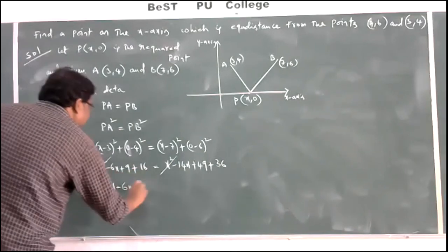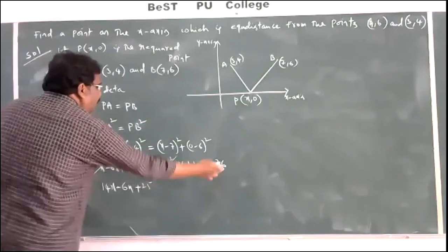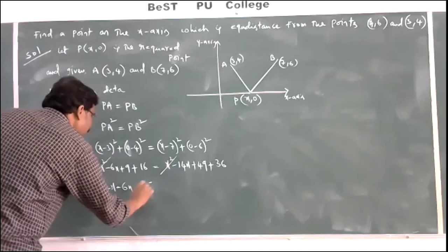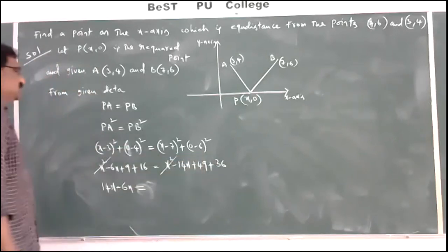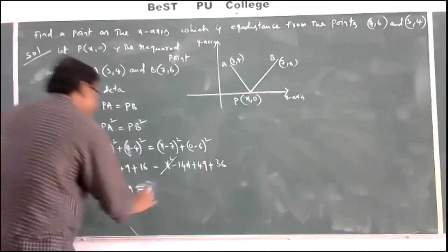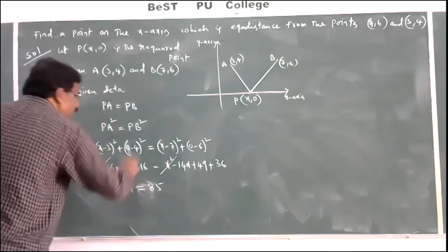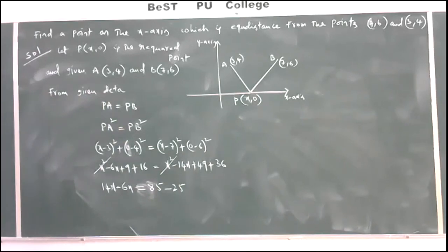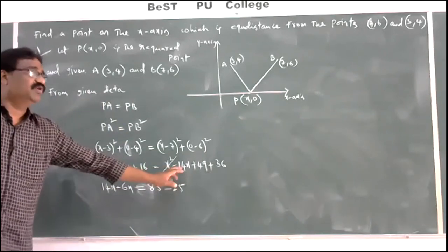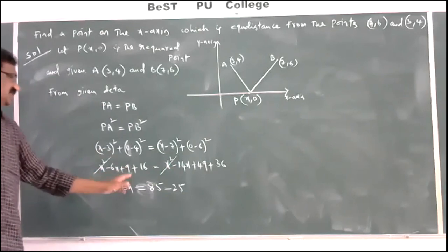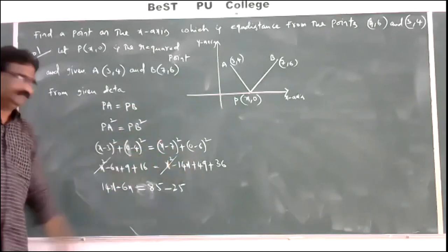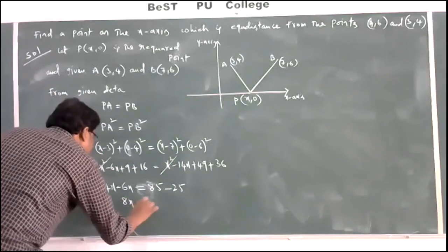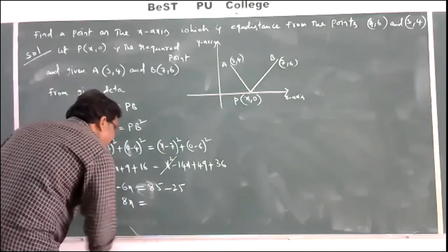Here 9 plus 16 is 25. On the other side, 49 plus 36 is 85. You bring this 25 into that side, that is minus 25. So 14x minus 6x is 8x, and 85 minus 25 is what?